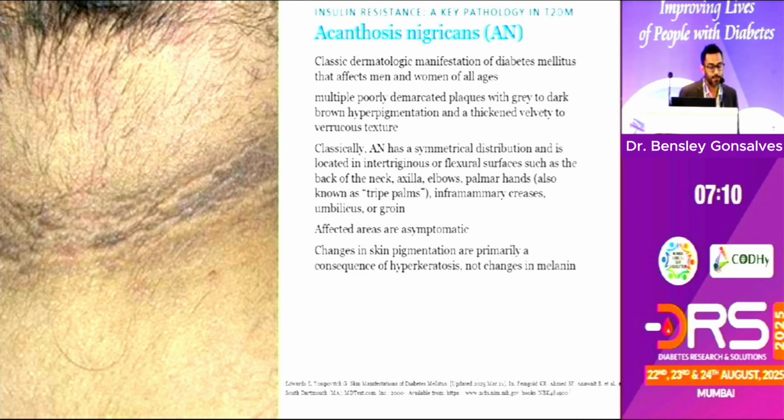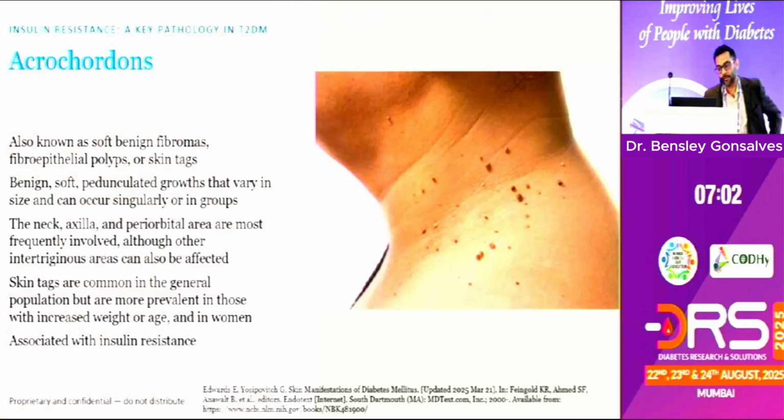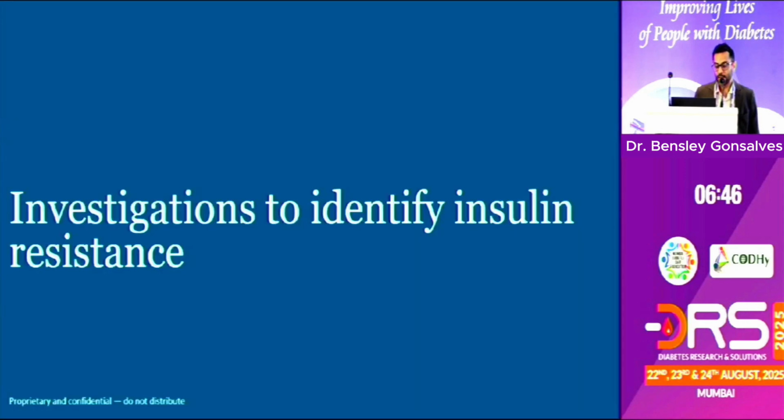The pigmentation is because of hyperkeratosis, not because of an increase in melanin. Then acrochondrons, also called skin tags, fibromas or fibroepithelial polyps, mostly seen on the neck, around the orbits and axillae, are associated with insulin resistance.